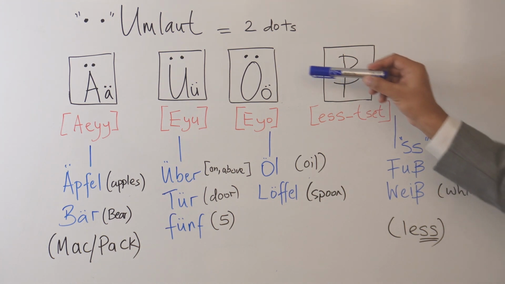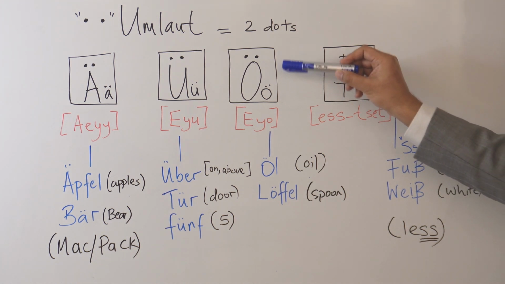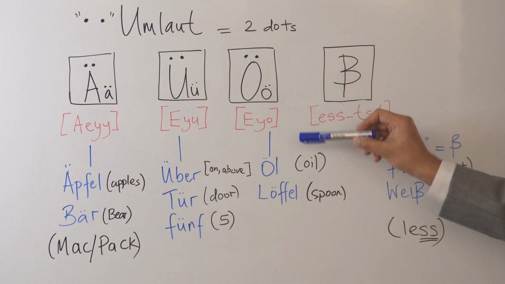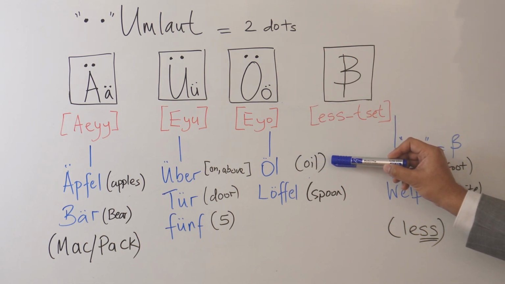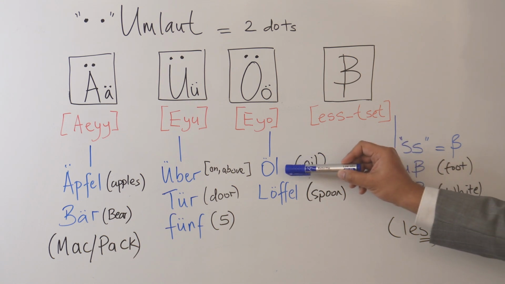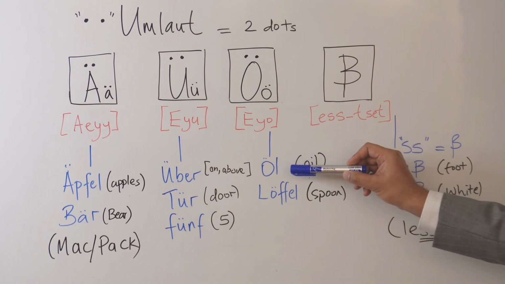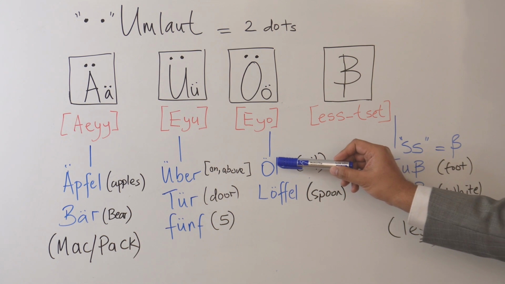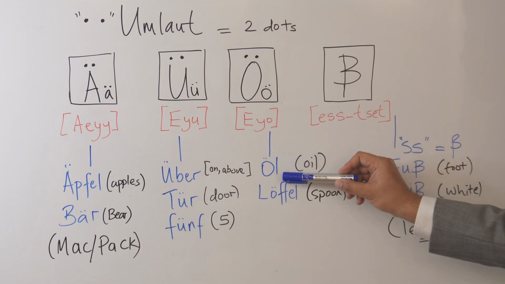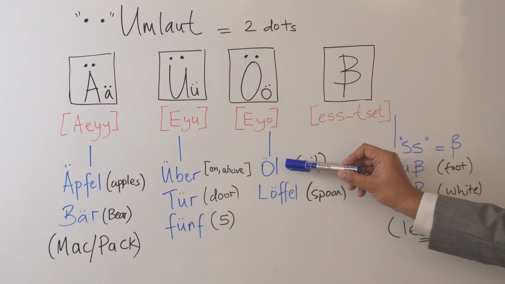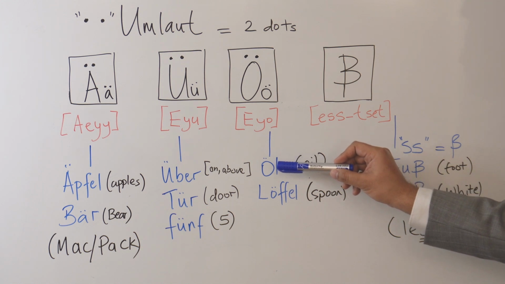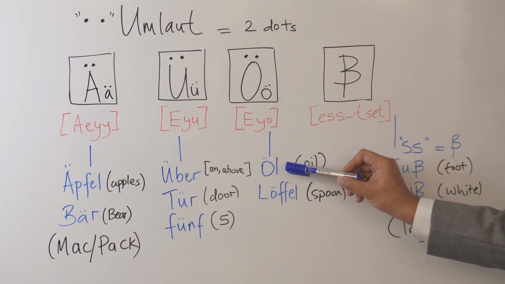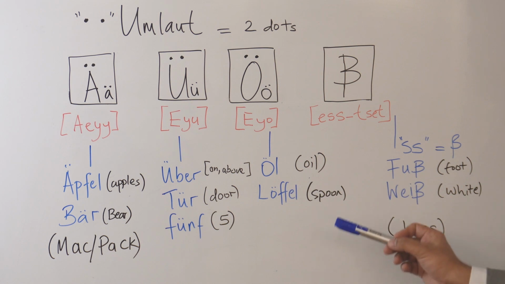Now we move on to the next letter, that is O umlaut, and it is called Ö. For the word oil in English, we say Öl, Öl. Once you remove the umlaut, it will be converted to all, which doesn't make any sense in the German language. So you have to use the word with the umlaut, Öl.